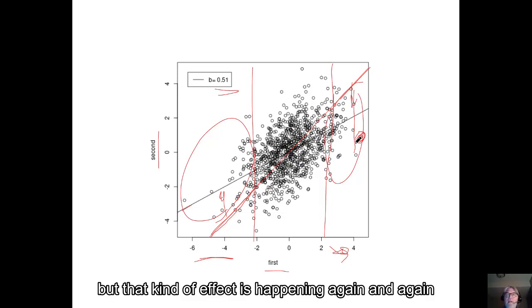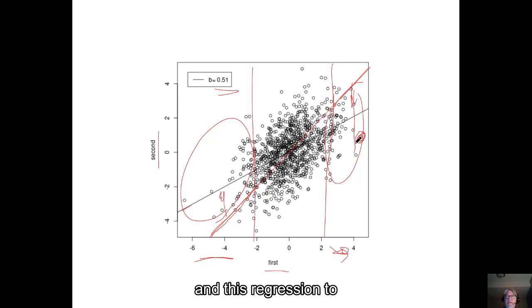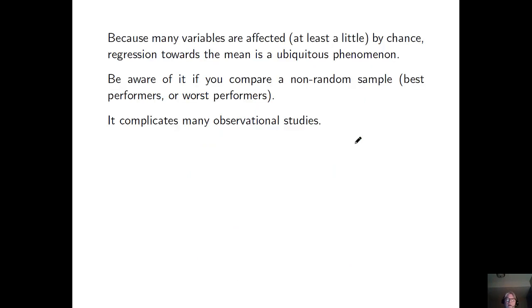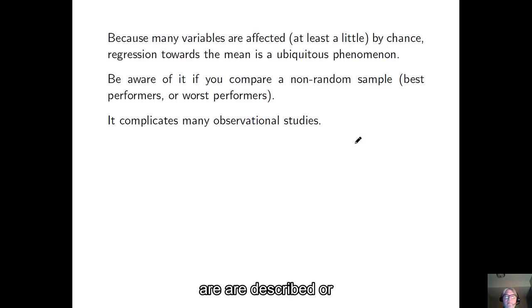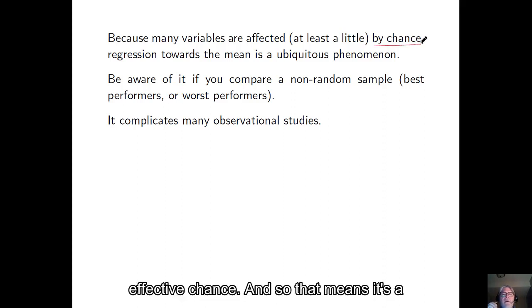But that kind of effect is happening again and again, and this regression to the mean is important because a whole lot of variables can be described as being a combination of some real phenomenon and some effect of chance. And so that means it's a really ubiquitous phenomenon. It's found in lots and lots of variables.